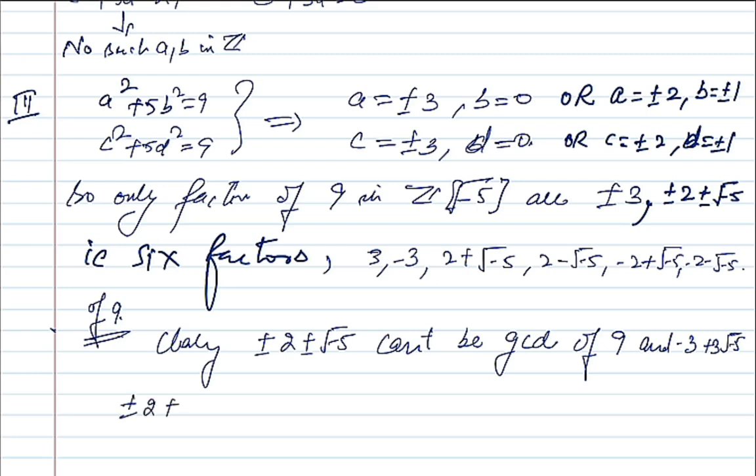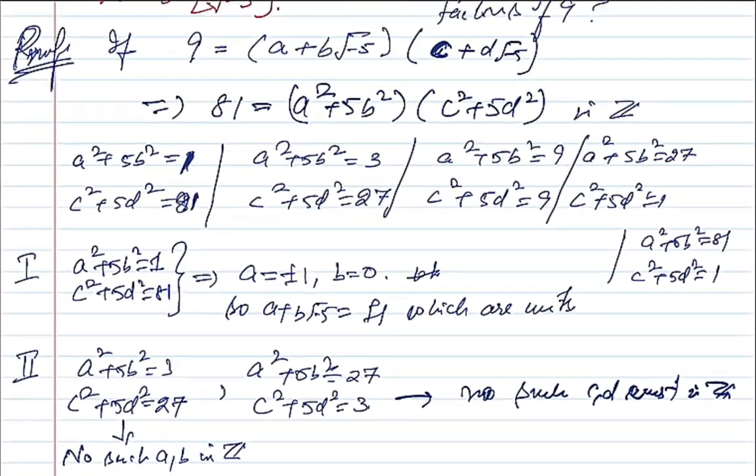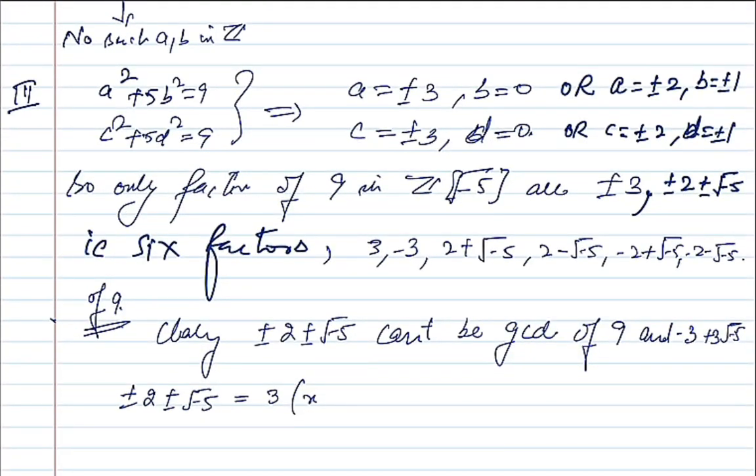You can see here, suppose this divides, so it can be written as three times x plus y square root -5, which implies that 3x has to be plus minus square root 2 for some integer x.